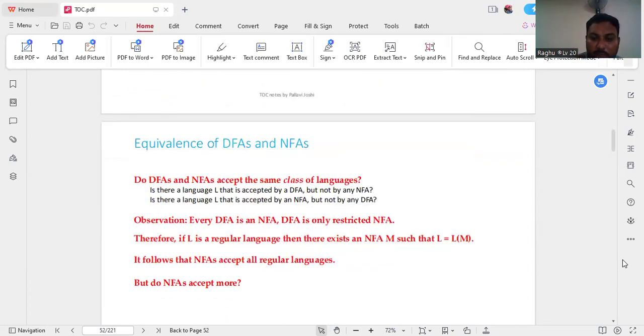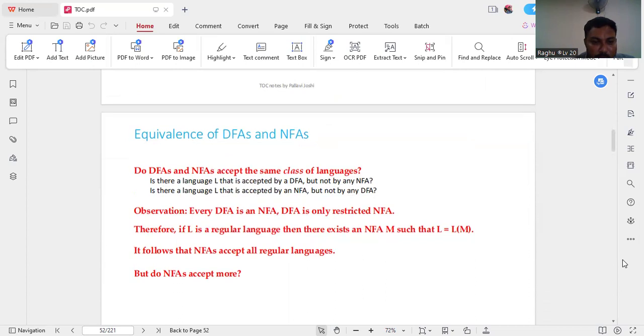Next, coming to the equivalence of DFA and NFA, how we map the NFA with the DFA. We can convert NFA to DFA.